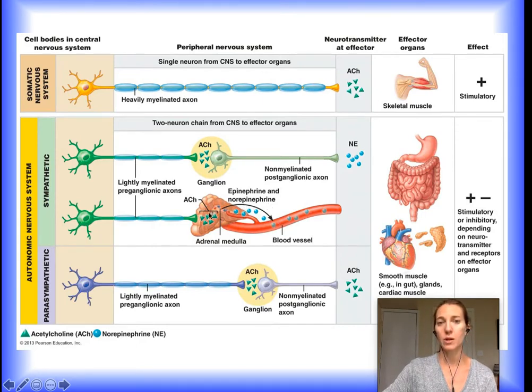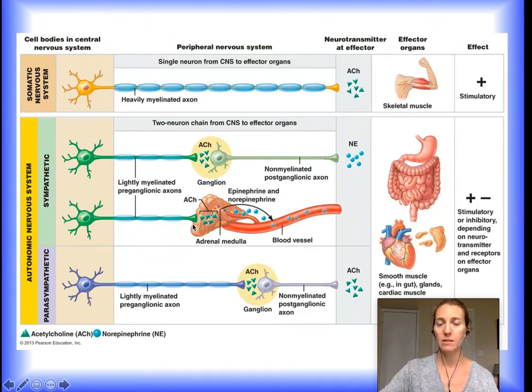And coming from the adrenal medulla, so the adrenal gland sitting on top of your kidneys, we see that one of these that branches from the preganglionic sympathetic system actually directly innervate that adrenal medulla, and as a consequence, you get that epinephrine and norepinephrine released into your bloodstream. So this scenario is a situation where you don't have a proper postganglionic axon on the sympathetic side of things.